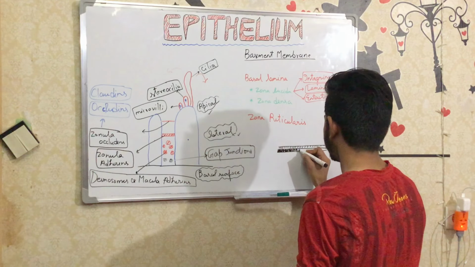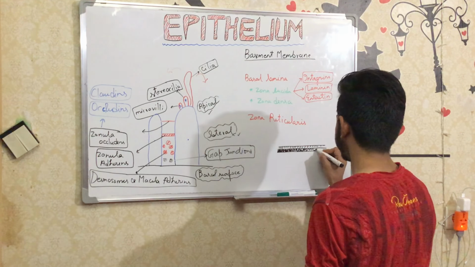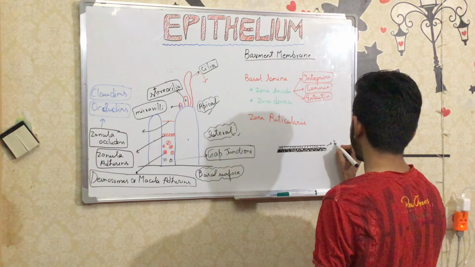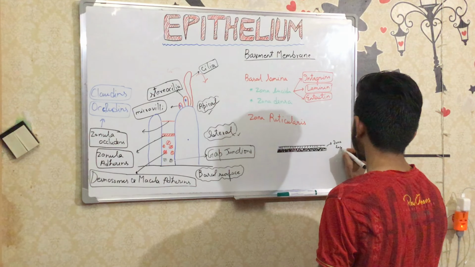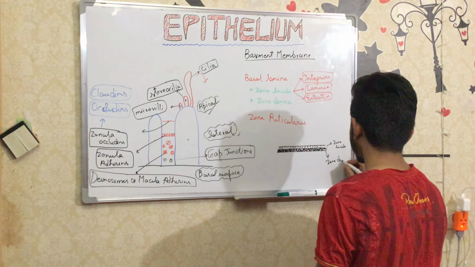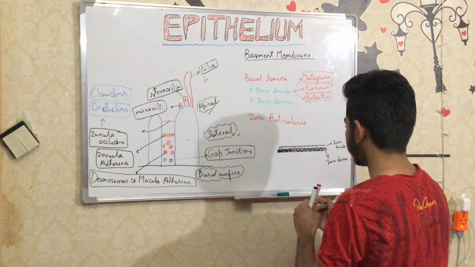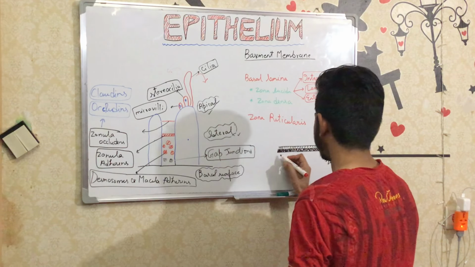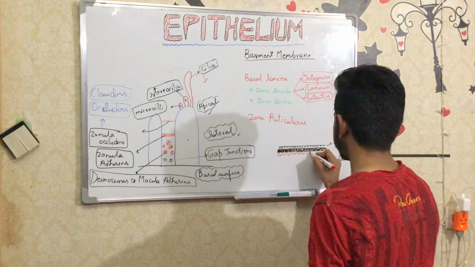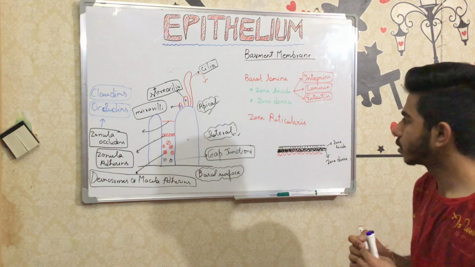This is more dense. So this I am calling the zona lucida, and this one is the zona densa. And underlying it, there is the zona reticularis.